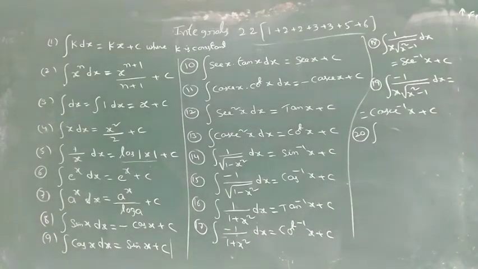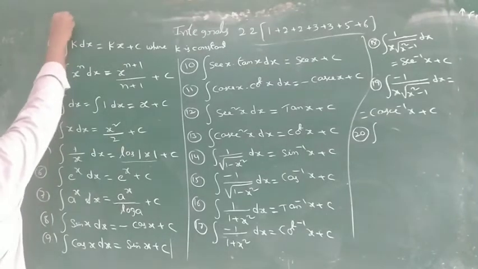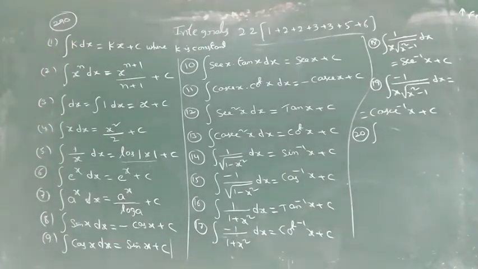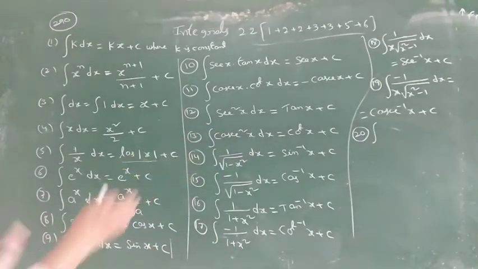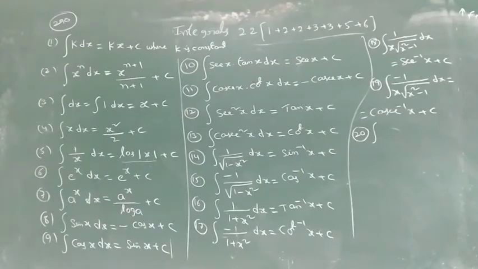I will send all the formulas compared in our textbook, page number 290. See your textbook page number 290. The derivatives and integrations are compared in your textbook on pages 290 and 291.